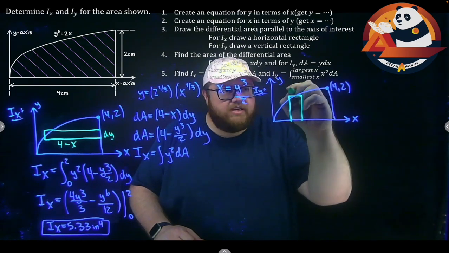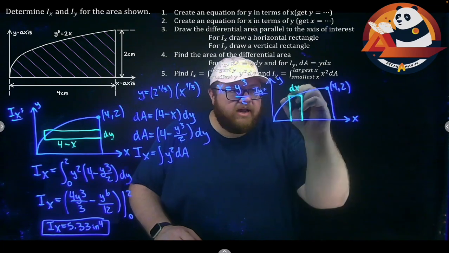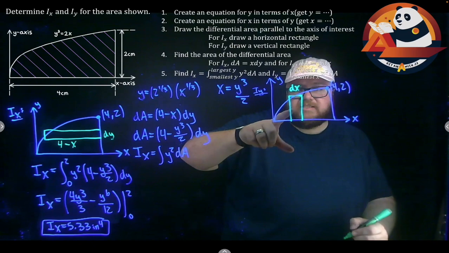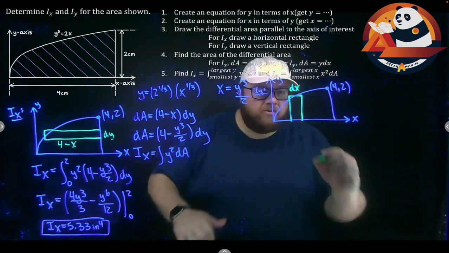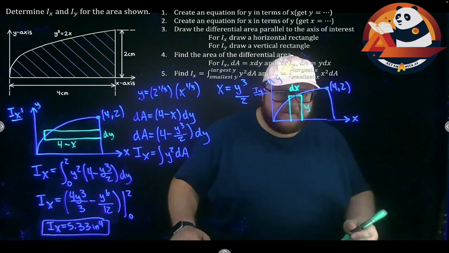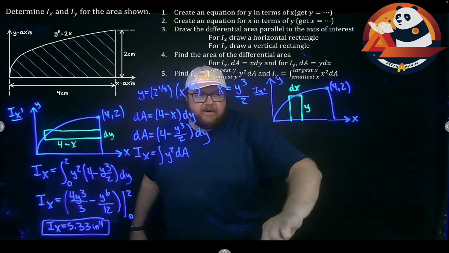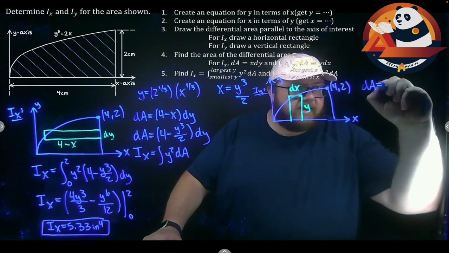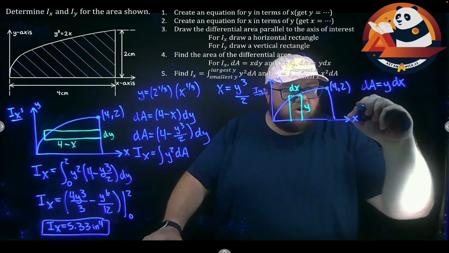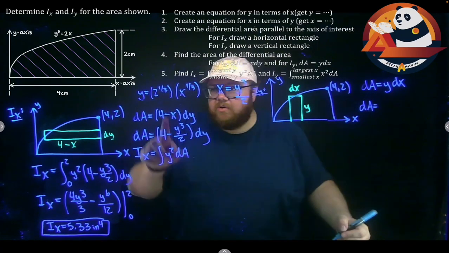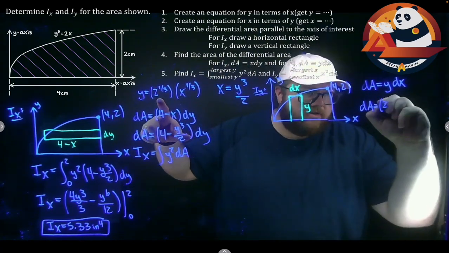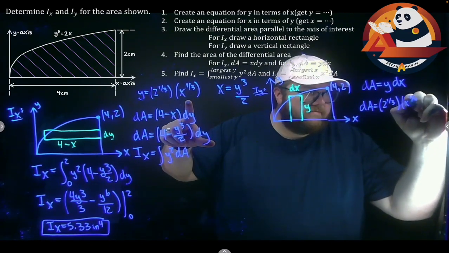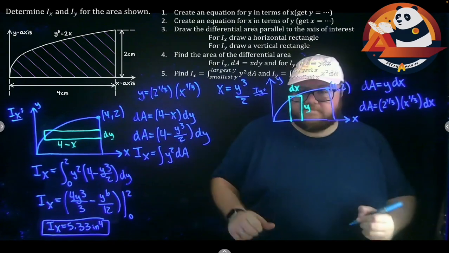The width of this is always going to be dx. And the height here, I don't need to do like a 2 minus y, because I'm starting here on the x-axis. I can just go straight up y every time. That will give me my height. Which means my area in here, dA, should be y dx. Or dA is y, which is 2 to the 1/3 times x to the 1/3, dx.